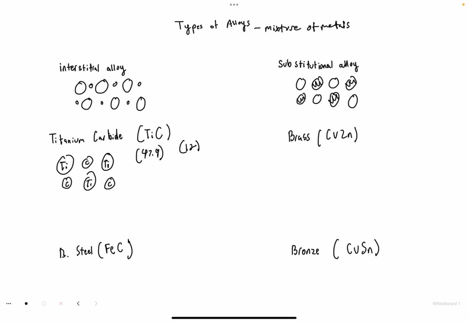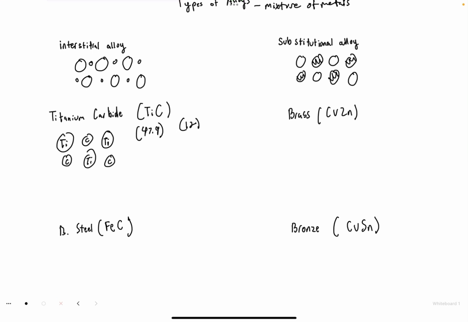And so in this next example, when we have steel, you have iron, which is around 55.8 grams. And then carbon is again around 12 grams for the molar mass. So steel would really be sort of this iron and this interstitial alloy with carbon.